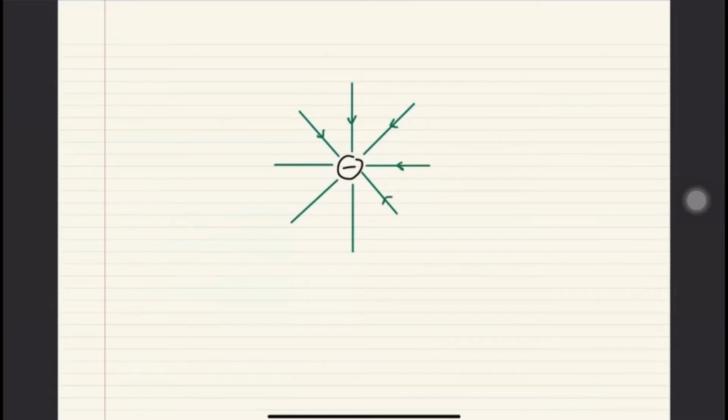The equipotential line is the line that is 90 degrees to the electric field. So it will be circular. The dotted line is the equipotential line.